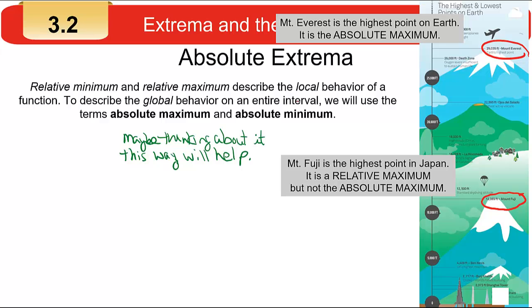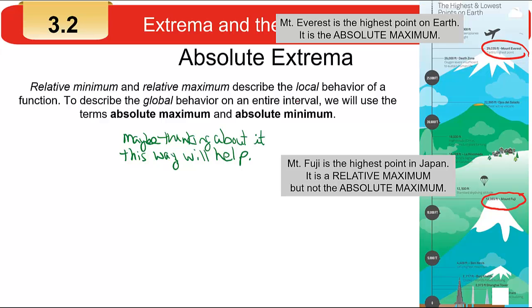On the other hand, it tells you that Mount Fuji is the highest point in Japan. That would be considered a relative maximum. As long as you're near Mount Fuji in Japan and you look around, that is the maximum value in that area. So the height of Mount Fuji is a relative maximum, whereas the height of Mount Everest is the absolute maximum.